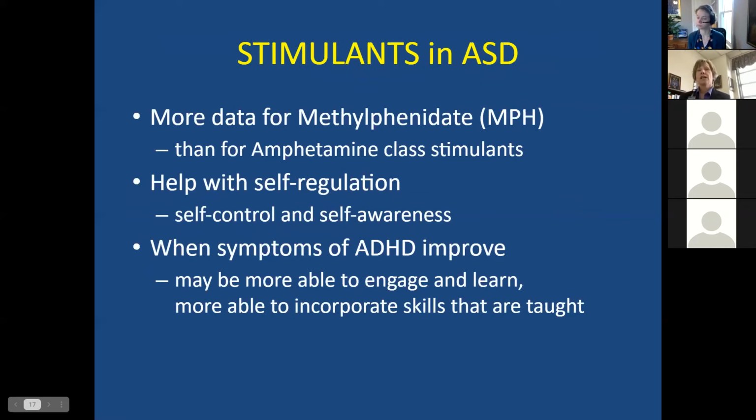So generally, just a summary on stimulants in autism. More data for methylphenidate than for the amphetamine class stimulants. The stimulants, or any treatment for ADHD, can help with self-regulation, including emotional self-regulation. So the whole self-control issue, including the self-awareness issue, which is, I think, very fundamental and key to a person's functional capacity in social situations.